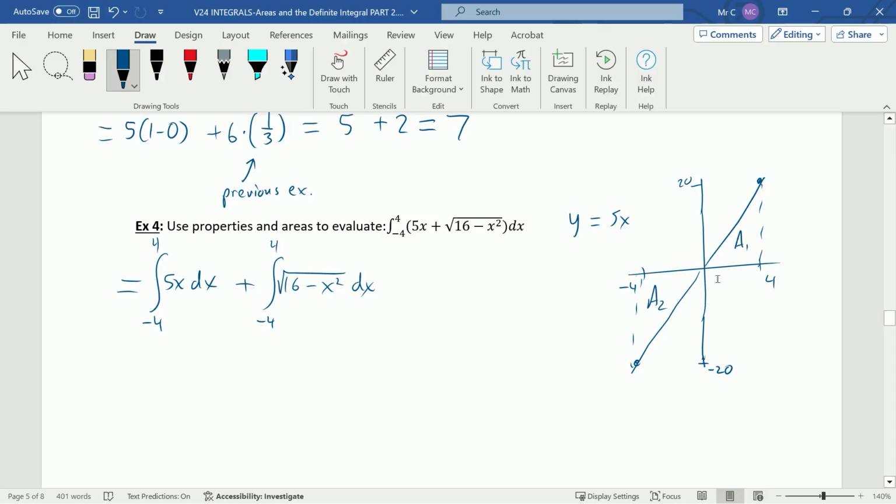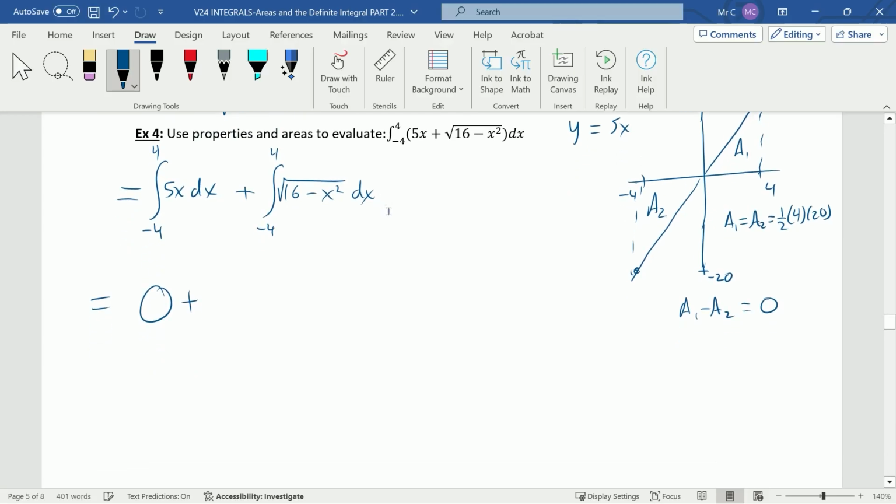Because it's a line that passes through 0, 0, etc. We know that A1 and A2 are both equal, and they're both equal to 1/2 the base times the height. What does that mean? That means that area 1 minus area 2 is 0. So this first integral is 0.